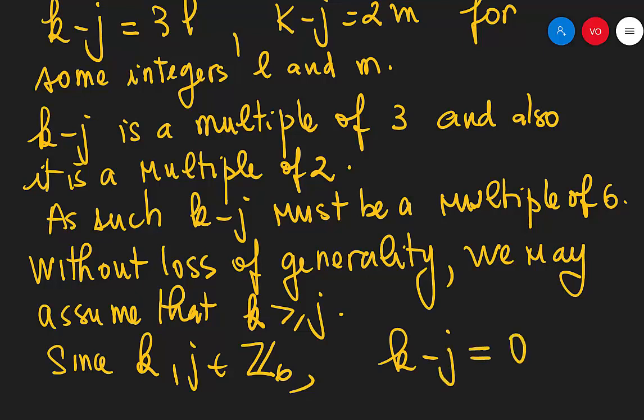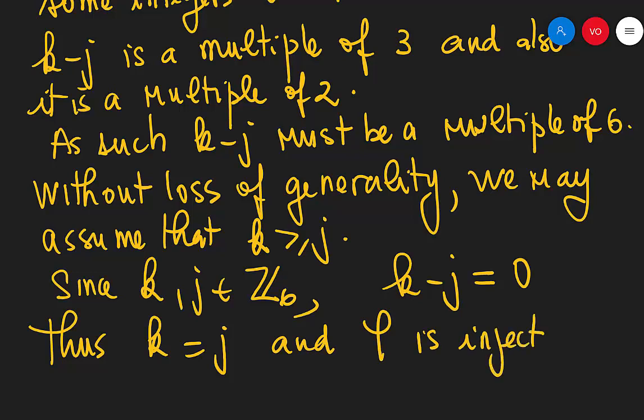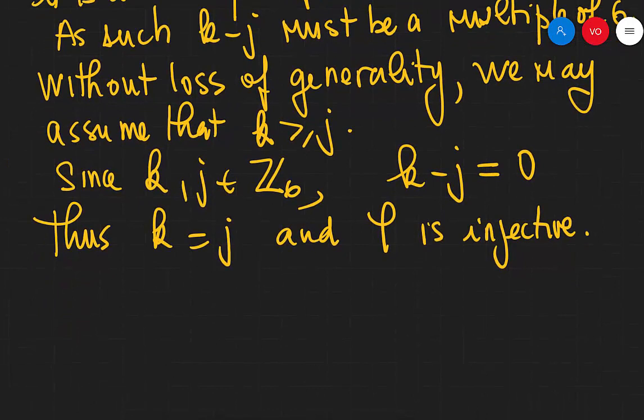That's the only way this is possible, right? So consequently, k must be equal to j, and the map is injective. So this is an injective map. So we have a monomorphism. We have an injective homomorphism. Now it remains to show that the map is surjective, right?